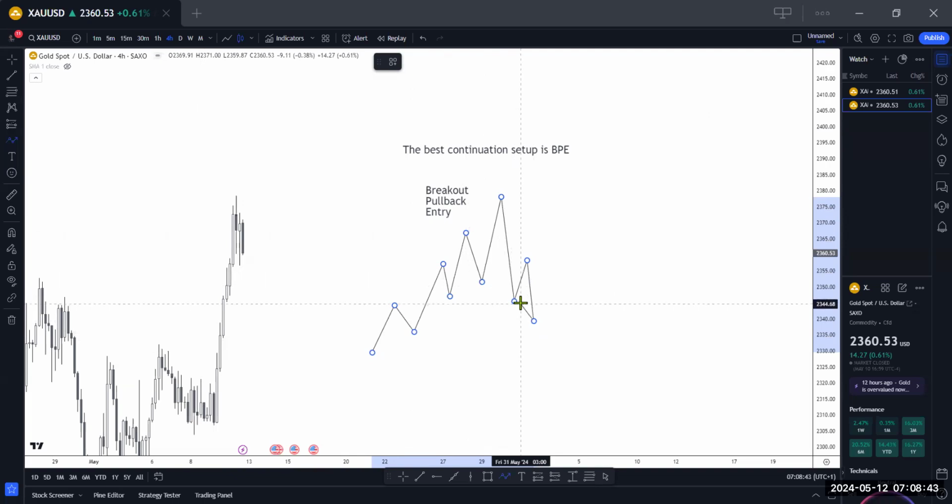Now, for BPE, you must also consider the week of those areas. You must consider if price took the week or not. And the areas you are considering for your breakout, pullback, and entry are from the opposing trend. What do I mean?